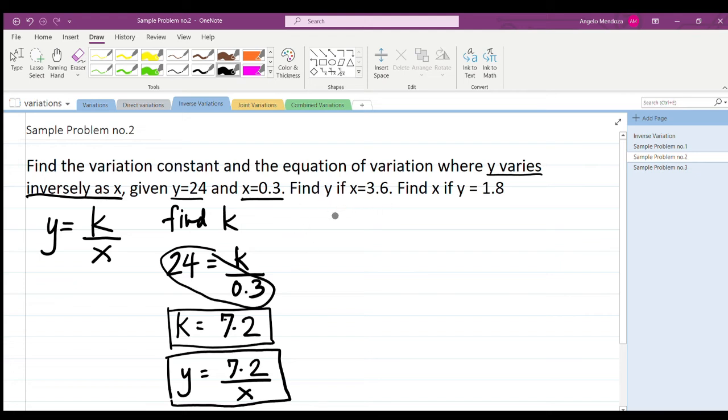The first one: find y if x is 3.6. Using the equation of variation, y equals 7.2 over 3.6. You just divide 7.2 by 3.6. So our y will be 2.